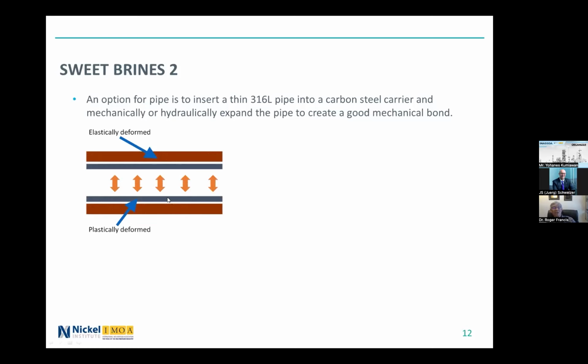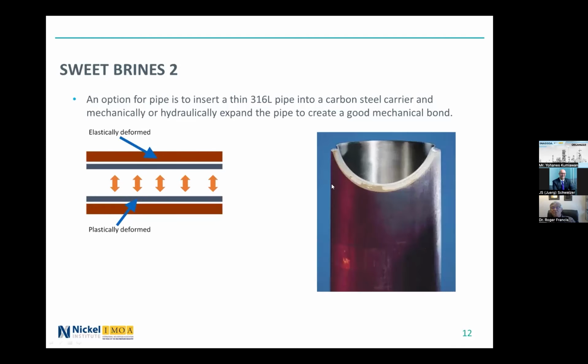So the stainless steel undergoes plastic deformation, but the carbon steel only undergoes elastic deformation, so that you get a good bond at this interface and it is not going to move about. And this picture shows a liner inside the carbon steel carrier, so you can see how it all works.